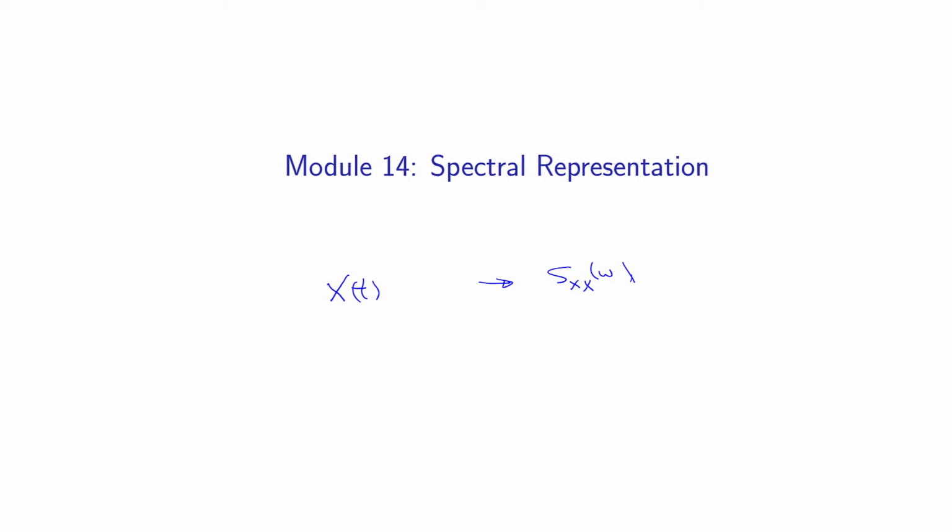So applications could be in compression of signal x of t, it could be signal enhancement, signal storage, signal recovery, or representation of signal, with applications in speech, in speech recognition, speech enhancement, video enhancement, and so on.